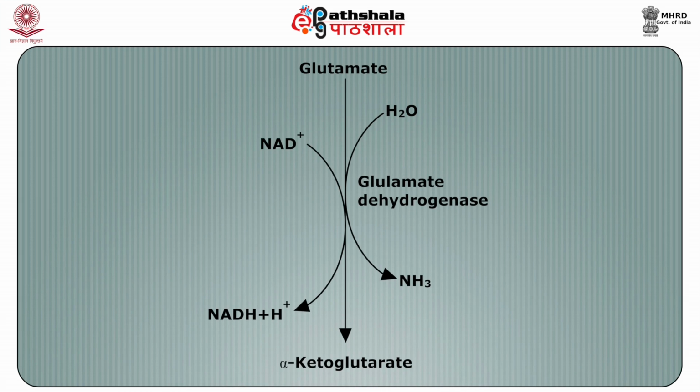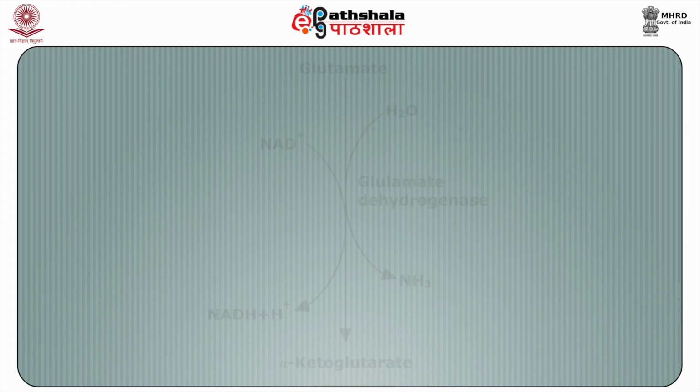Deamination: the removal of the alpha amino group from an alpha amino acid is called deamination. Usually it is an oxidative deamination, in which the alpha amino group is removed from an amino acid with its simultaneous oxidation and leads to the formation of a keto acid with the liberation of ammonia.